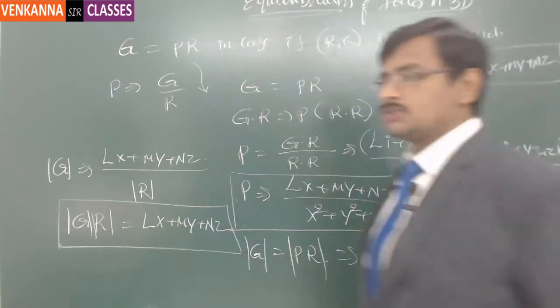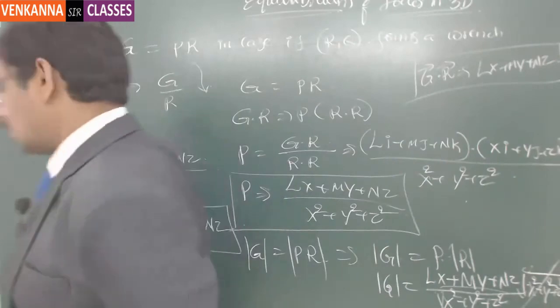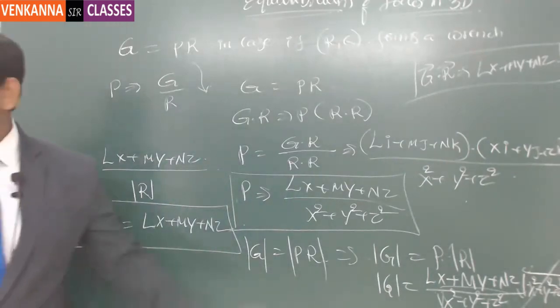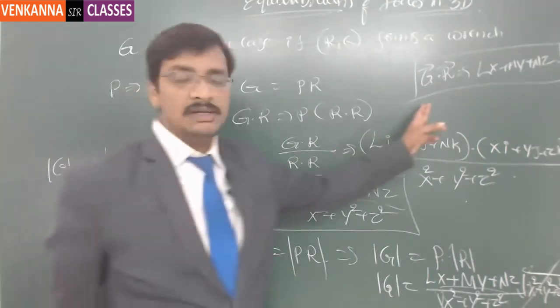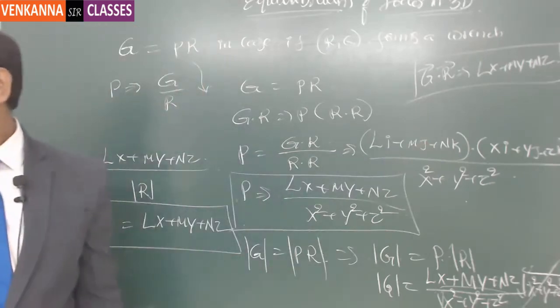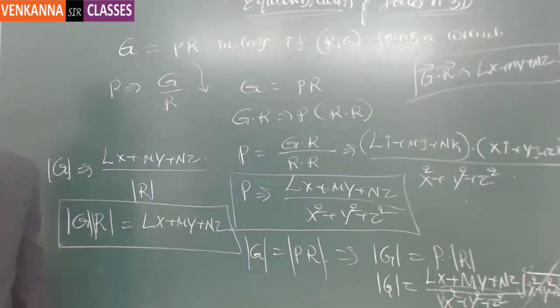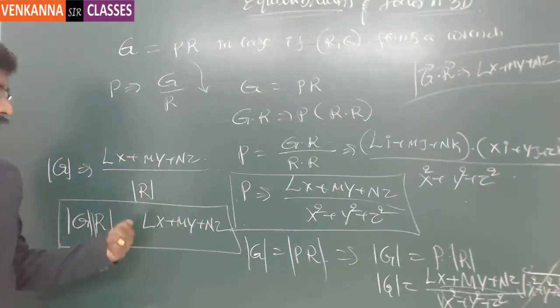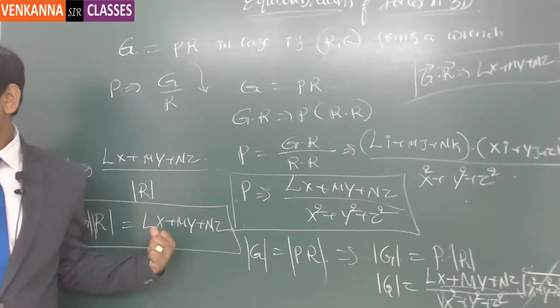A dot will always constitute a cos theta. Here we are not talking about the cos theta. Then what is the difference between this relation and this relation? Here we are not talking anything related to the angle theta.